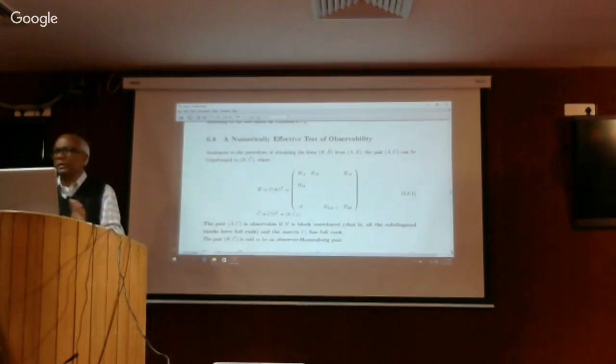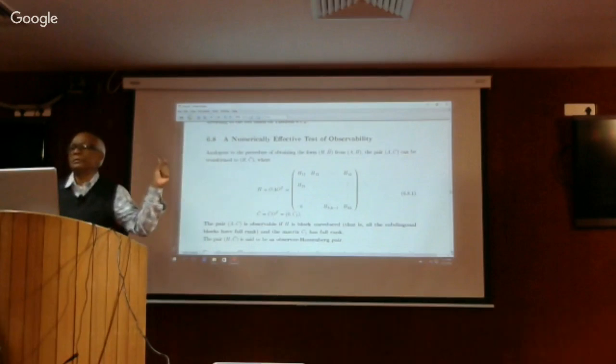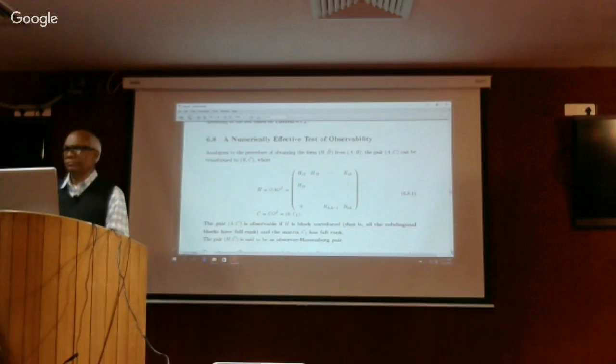It's an analogous test. And the same algorithm which we use for the pair A, B can be used for the pair C, A to achieve this form.